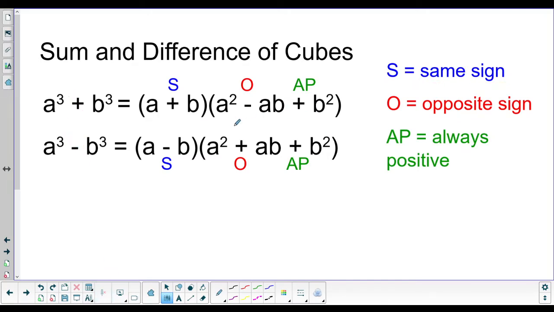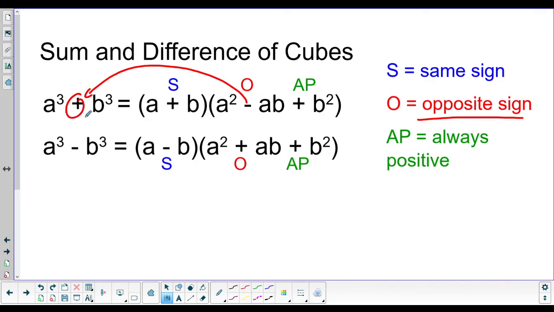Then we have a slightly more complex set of parentheses, but there's a pattern. It's two A's, one of each, two B's. Not a bad pattern. These signs follow a pattern too. The sign between a squared and ab is the opposite sign as what's in the original problem.